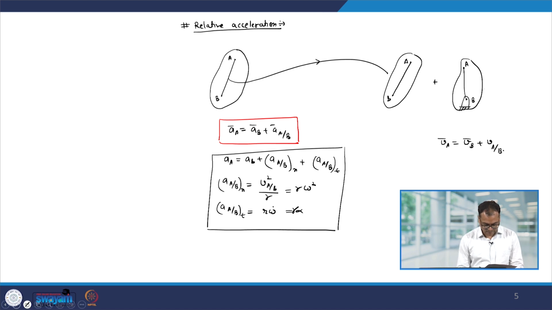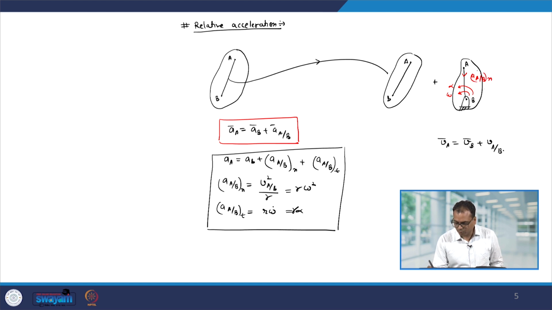Let us look at the direction. So, let us say omega is like this, alpha is also like that, then A_BN will be towards AB, and A_BT will be perpendicular to AB.